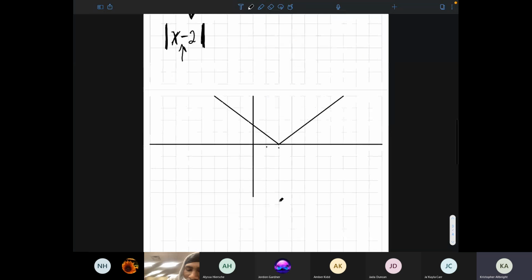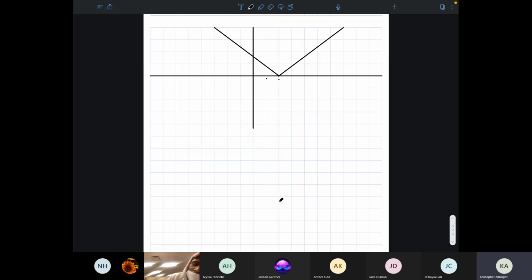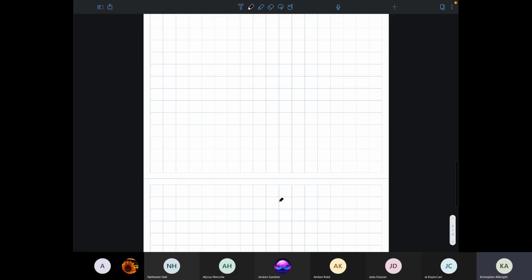Sometimes we'll have something that combines these two. There we go. The absolute value of x plus 2 minus 4. So if we do this, we look for how we're going to move it. I like to write on the side how far I'm going to move it in each direction.